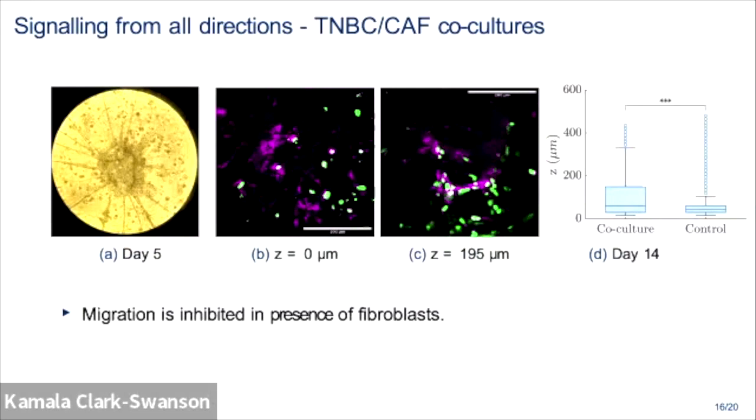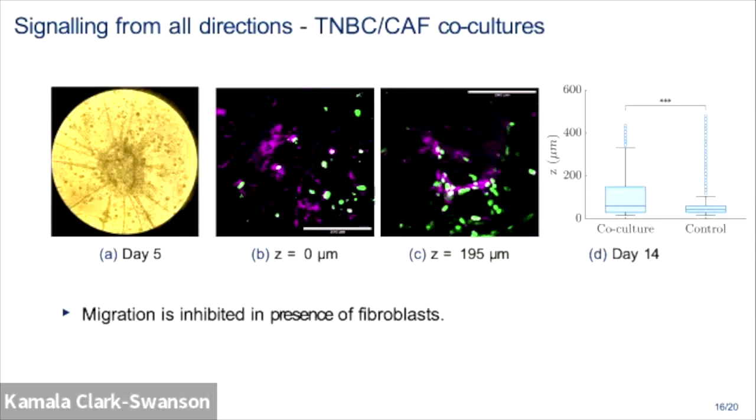So we talked about signals stemming from the bottom of the space. Now we questioned what would happen if we introduce signaling all over the space, coming from all directions. Here we did this with triple negative breast cancer cell and fibroblast co-cultures, where we introduced the fibroblasts in the adjacent space of the matrigel, and you can see they form these sea urchin patterns that hug the matrigel, basically.